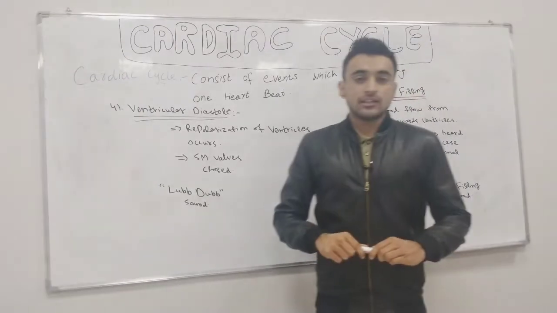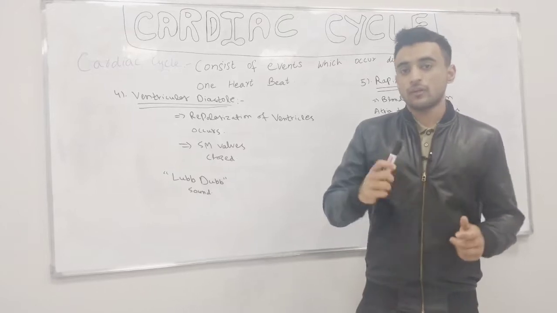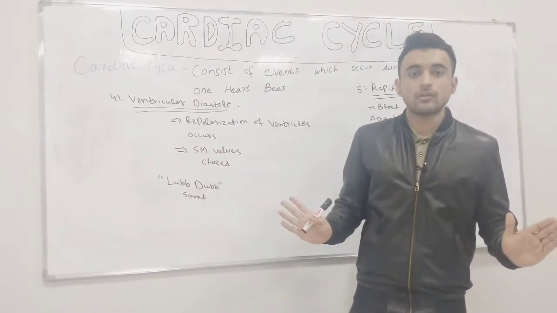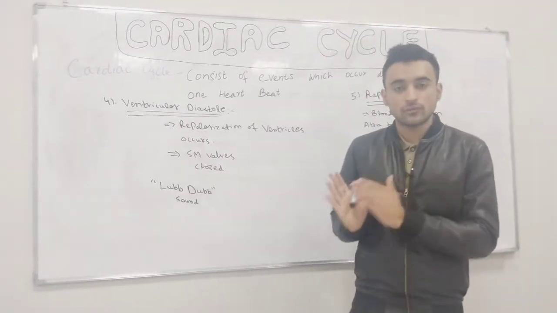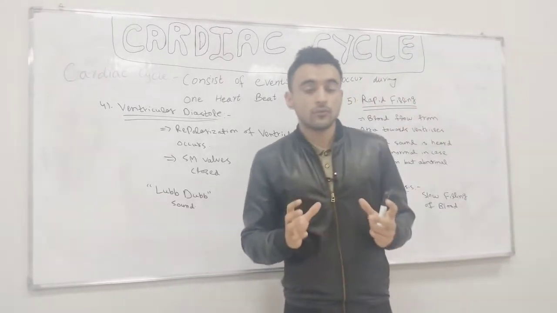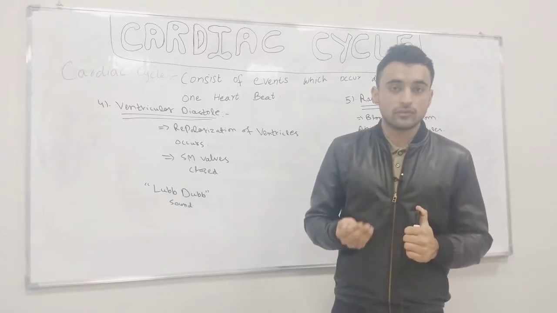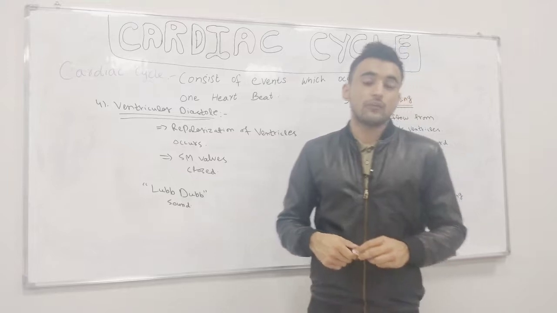We've discussed in the ejection phase that the whole blood has been propelled out from the ventricles towards the aorta, and after this phase we have the ventricular diastole. Now the whole stroke volume has shifted from the ventricles to the aorta. During the ejection phase the ventricles were contracted, and there was the depolarization phase during which the electrical impulses were flowing from the AV node.